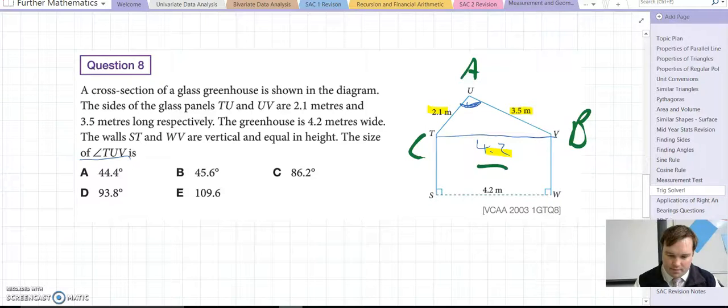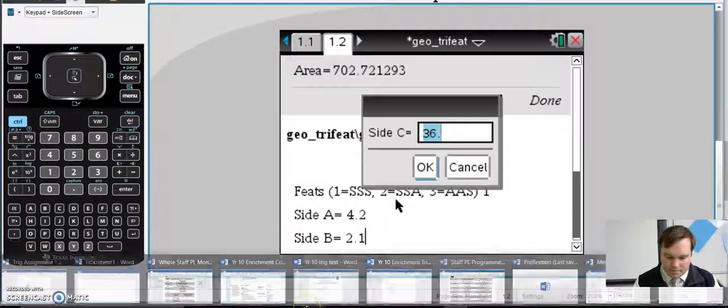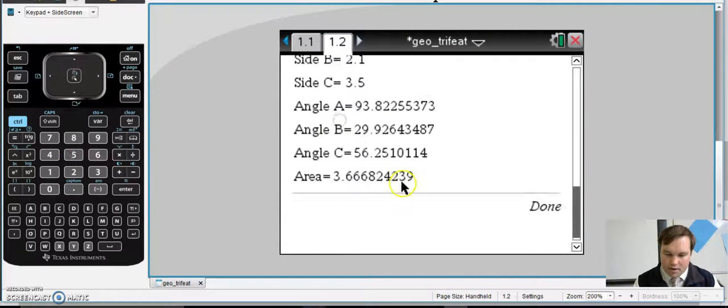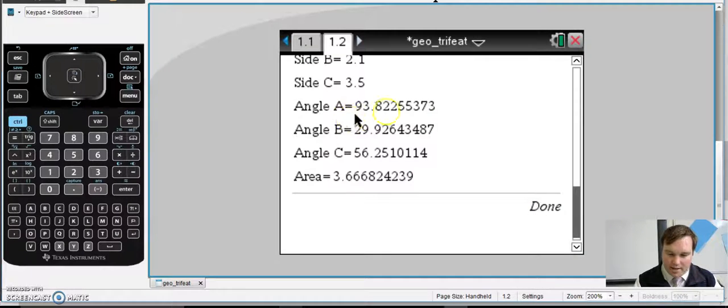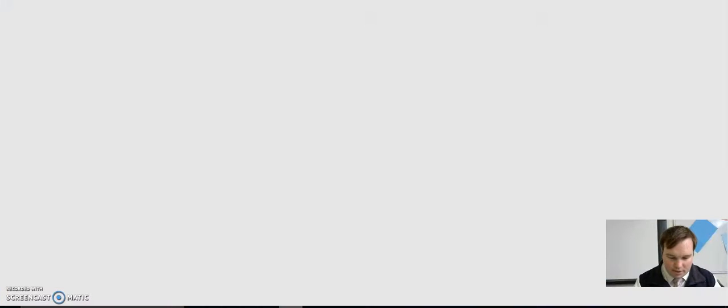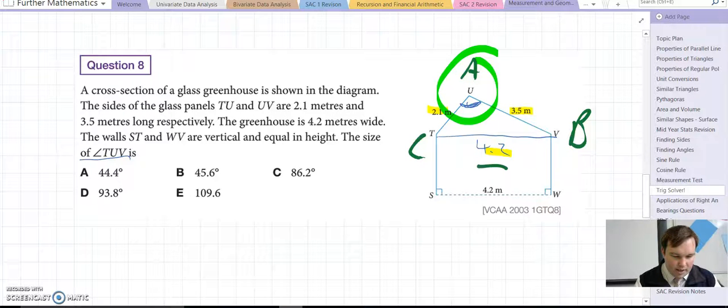And side C, 3.5. It then calculates the 3 angles and the area of the total triangle. Now here, we are after angle A. So angle A is 93.8 or 94. 93.8, that one there, D.